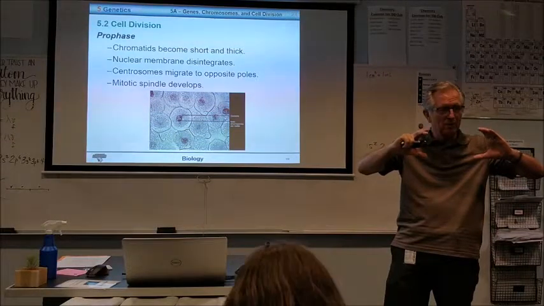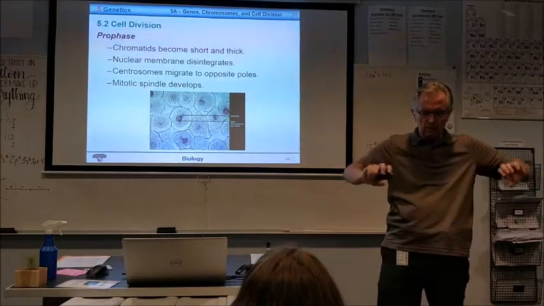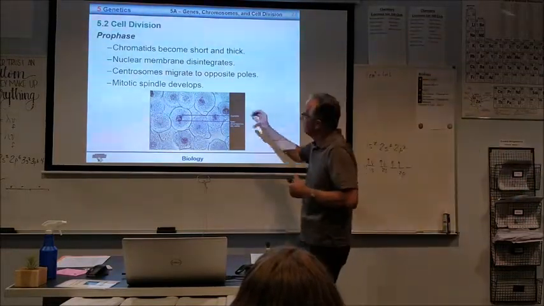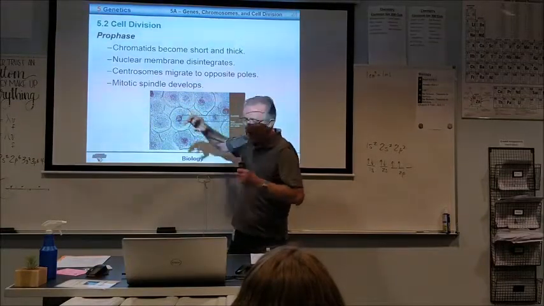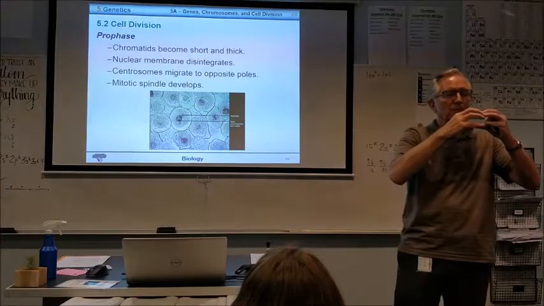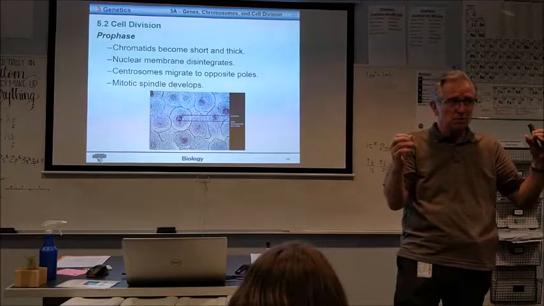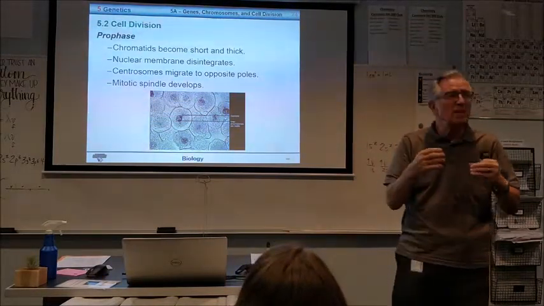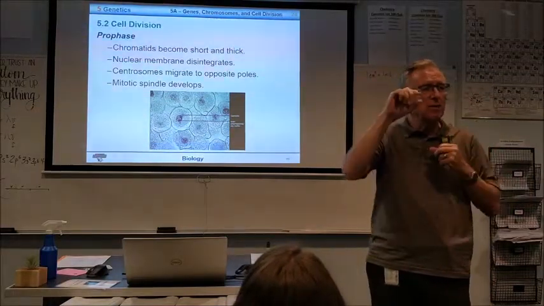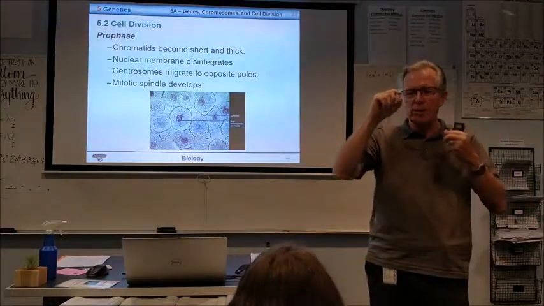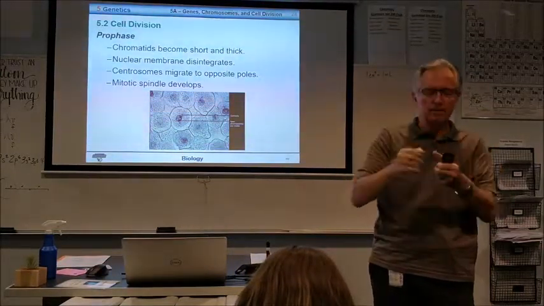The nuclear material is gone, the membrane is gone, but the centrosomes go to the opposite ends, and then between these two centrosomes, or centrioles, it's going to grow microtubules, like fibers, and we call it a mitotic spindle at that point. To these little fibers, the chromosomes at their centromere are going to be attached, like glued on to there at that spot.